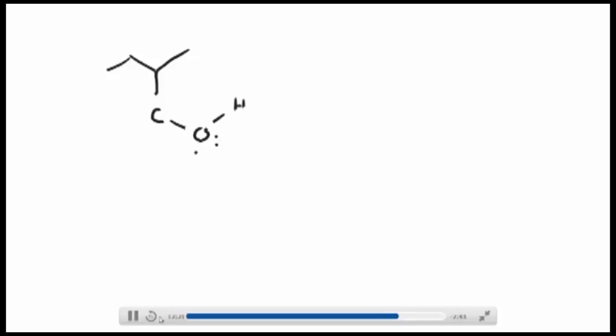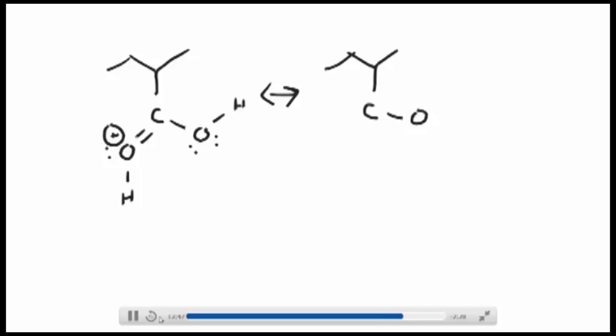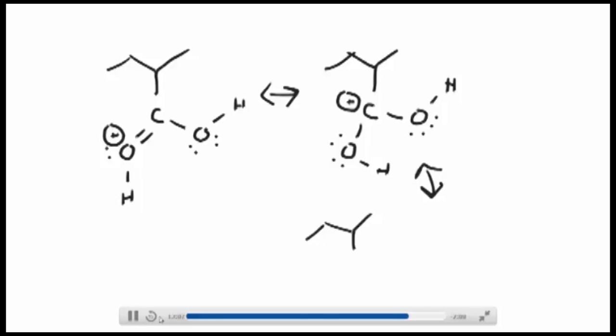I'll redraw the first structure we had on that other slide. The point is that there are 3 resonance structures showing the delocalization of this positive charge.